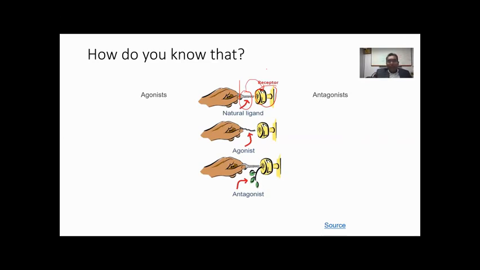So it's like a key and lock model. Natural neurotransmitters easily fit their natural receptor sites. An agonist is a chemical that mimics the action of a natural neurotransmitter, so it easily fits the key and acts like the neurotransmitter.